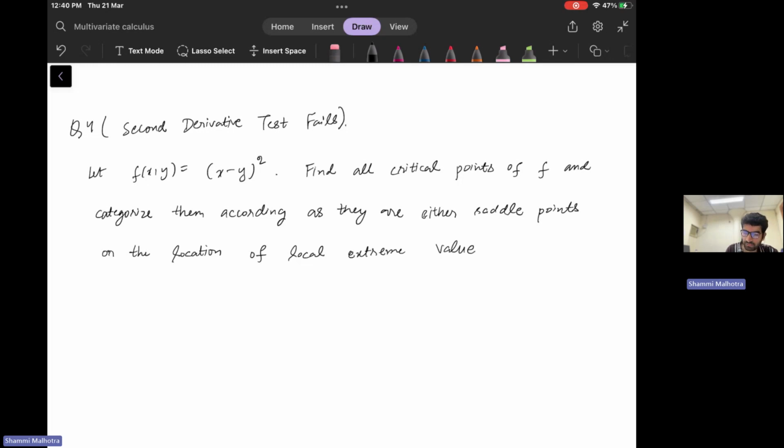So basically that means this is the point of a local maxima or minima.